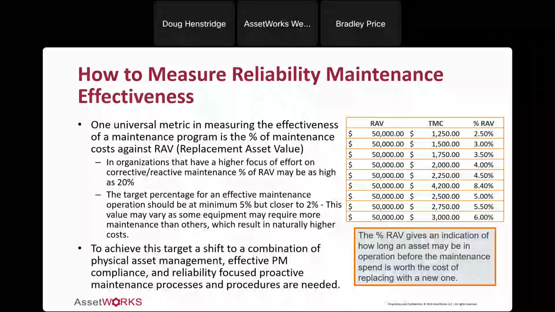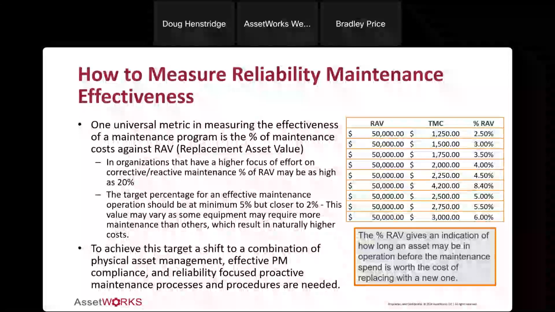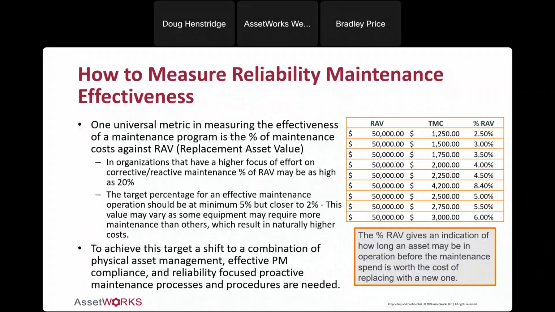So if I'm at, for example, 2.5%, let's say, that means I'm spending about $1,200 a year maintaining an asset that would have a $50,000 replacement value, right? So that's probably going to drive to about a 20 to 25 year life cycle where I can effectively cover the cost of maintenance there.